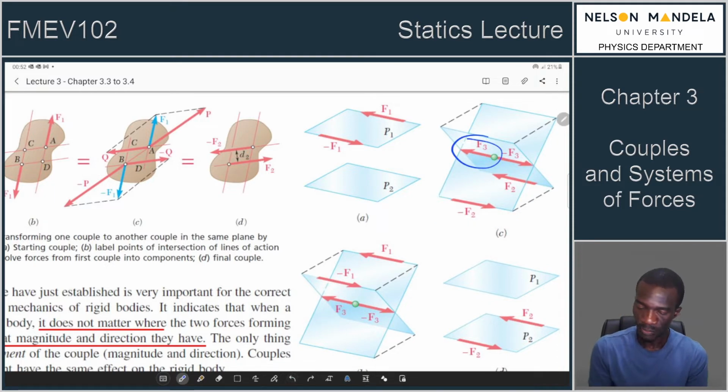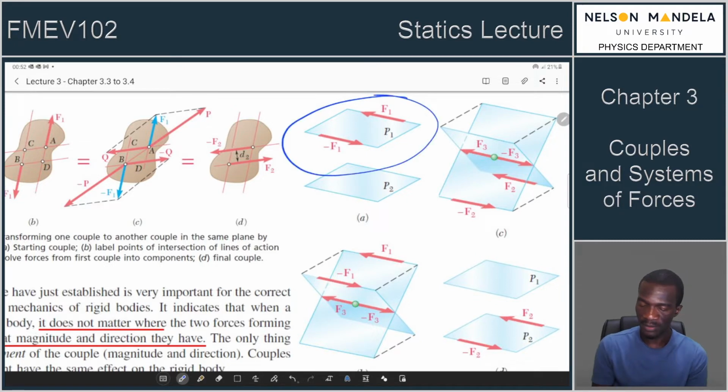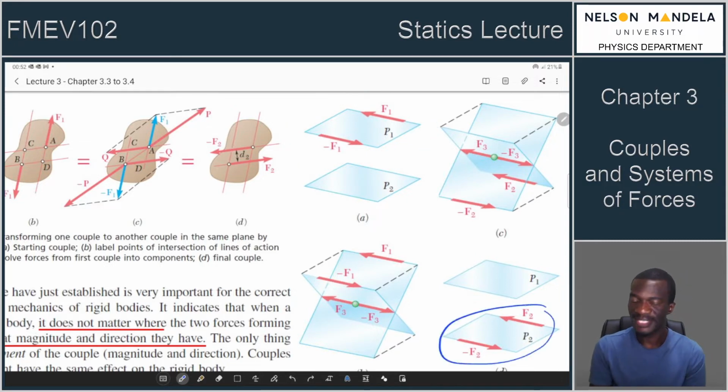So in the end, one can show that if we have a couple in one plane, we can generate a couple that is equivalent to the first in another plane of the same rigid body.